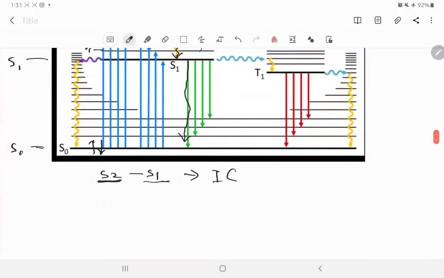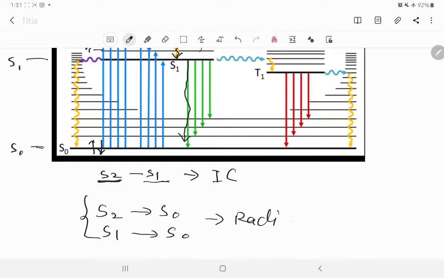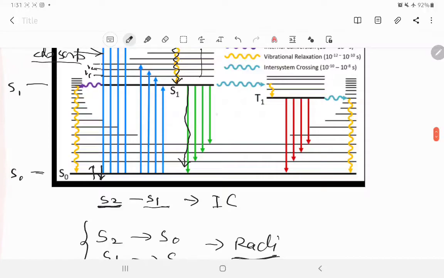These transitions, S2 to S0 or S1 to S0, are radiative transitions. There is an emission of radiation in the form of photons. This is called fluorescence, the transition of a molecule from a higher singlet to a lower singlet.